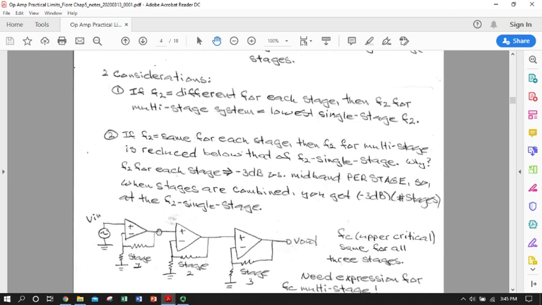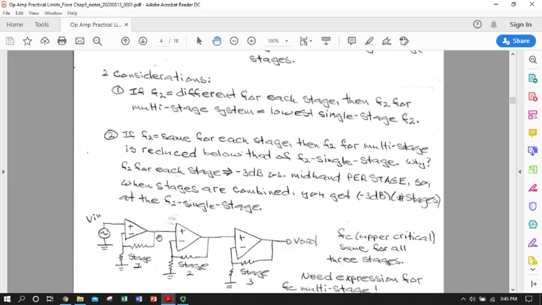So say each one of these 3 has the same F2. At that F2, the power-equivalent gain of this stage is half what it is at the midband. I could call this midband gain divided by 2, and so is this, and so is this.